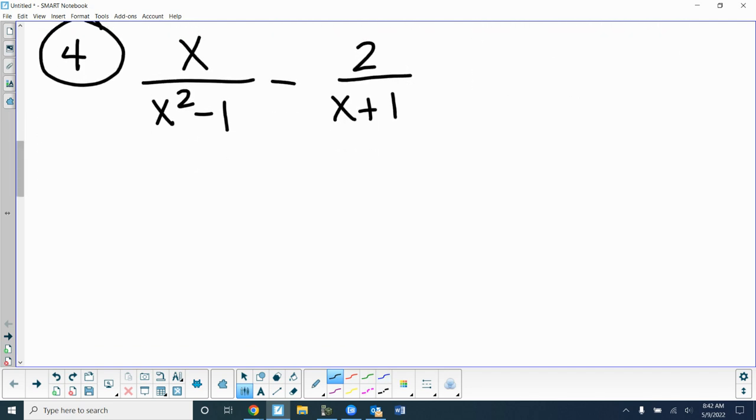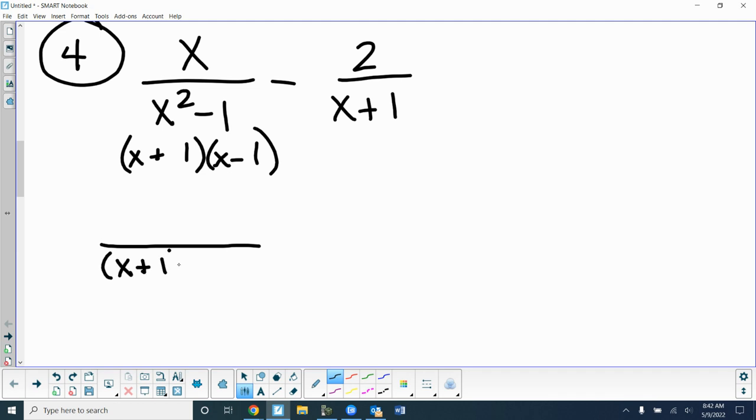So, when we do a difference of squares, we take the square root of the x squared, we take the square root of 1, and then we make one addition, one subtraction, remember? So I write down what shows up for my common denominator, which is an x plus 1 and an x minus 1. Don't have to write x plus 1 twice.